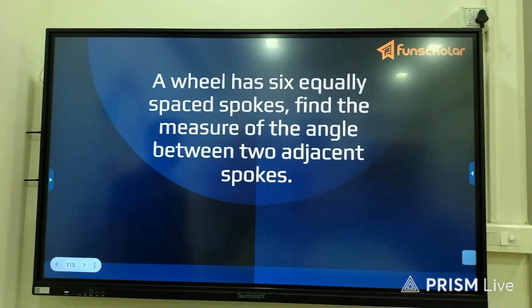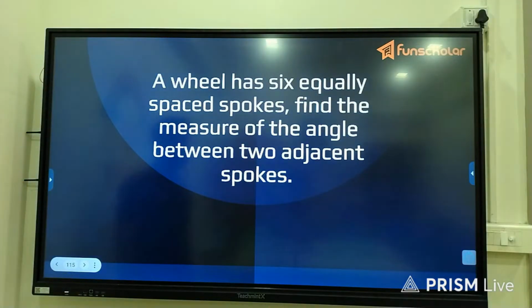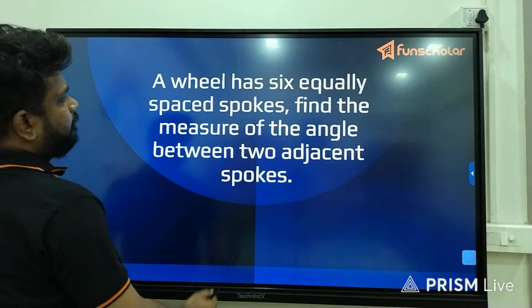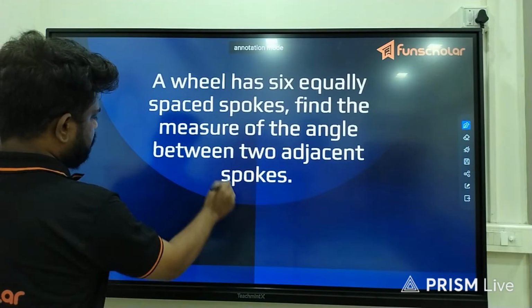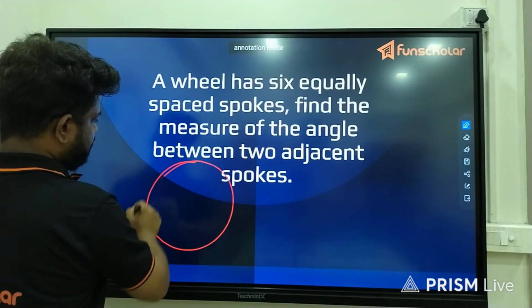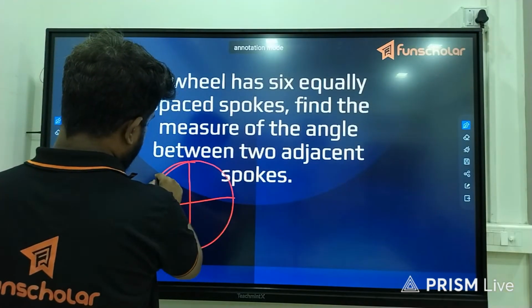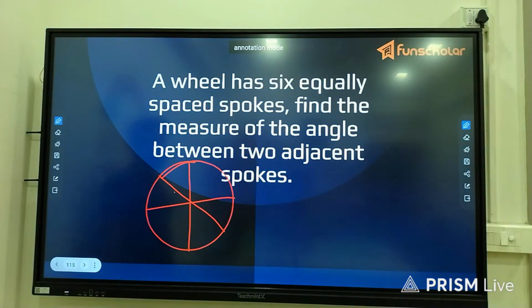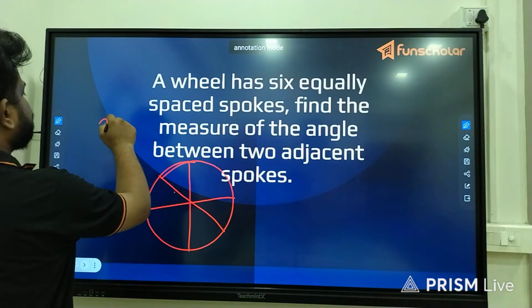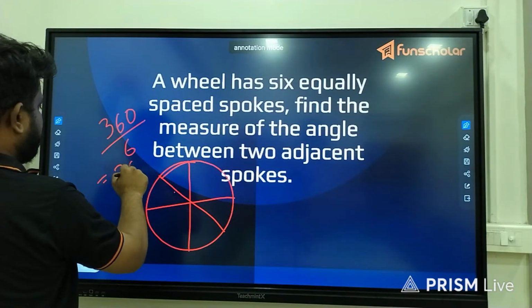Okay, a wheel has six equally spaced spokes. Find the measure of the angle between two adjacent spokes. Six equally, so it will be looking like this. If this one is a cycle and it has six spokes, one, two, three, four, five, and six. We generally know that each spoke angle will be 360 by 6, 30 degree.